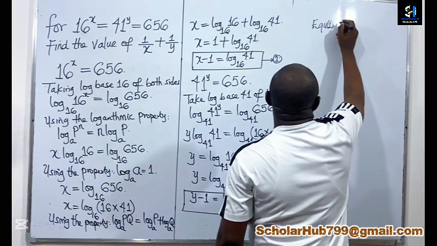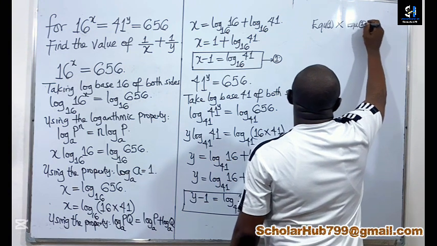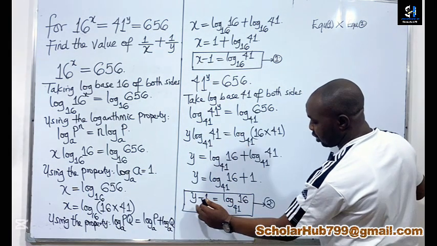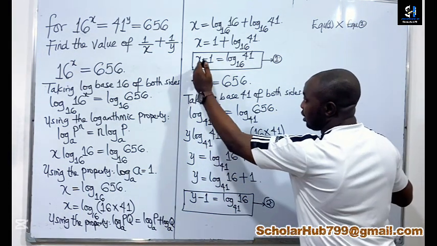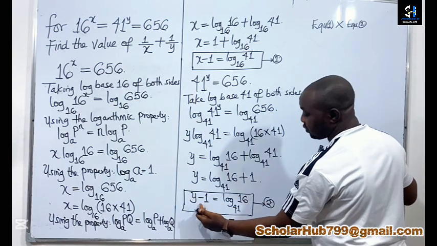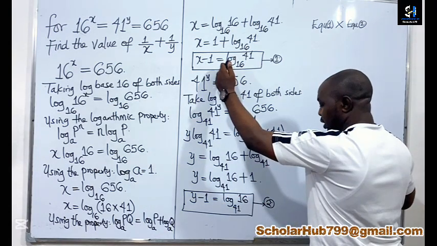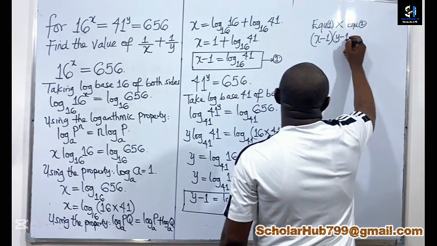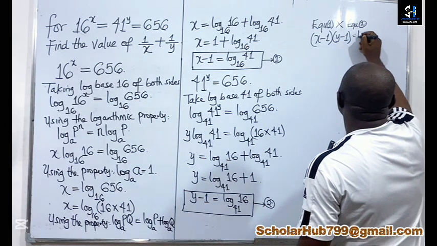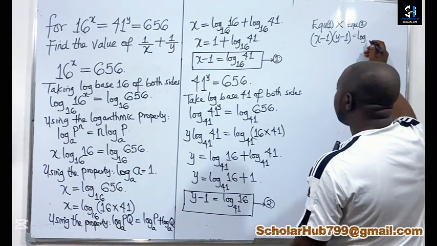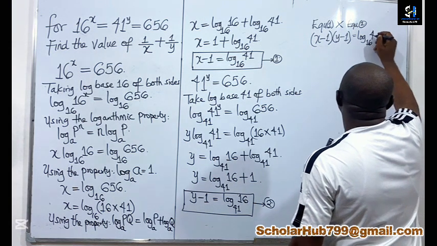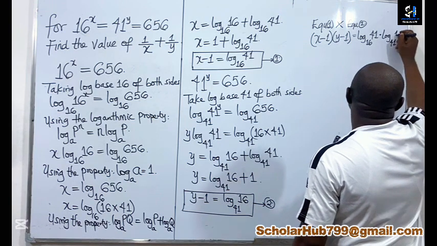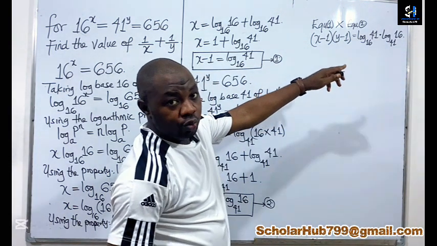Equation 1 multiplied by equation 2: that is left hand side multiplied by left hand side, x minus 1 multiplied by y minus 1, and right hand side multiplied by right hand side, log base 16 of 41 multiplied by log base 41 of 16. That will be equal to 1.